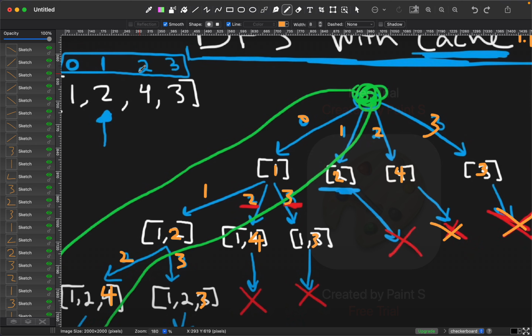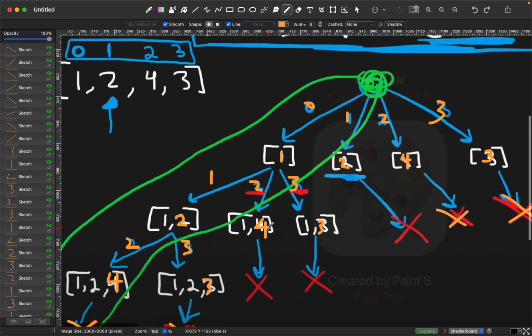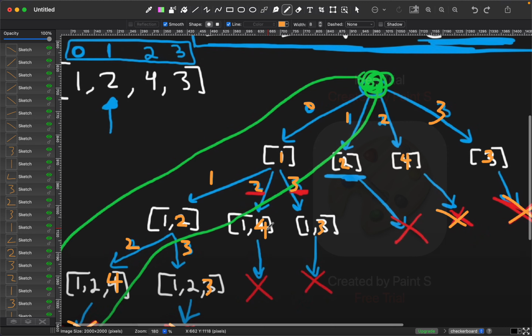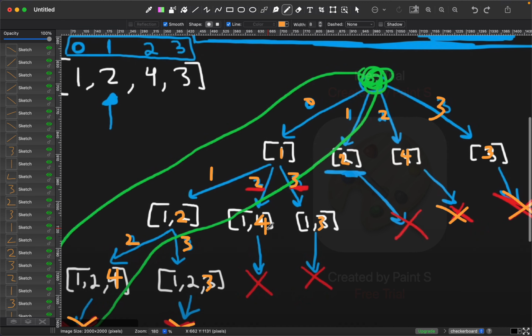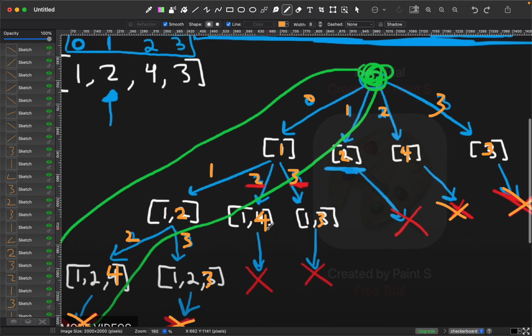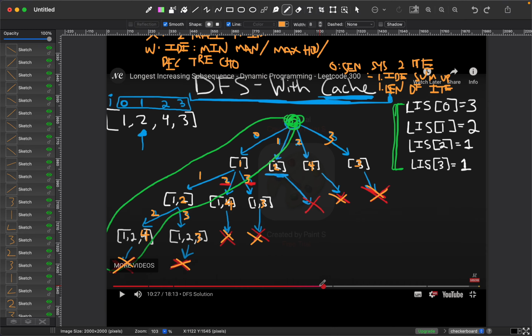This guy cannot go anywhere. This guy can't go anywhere. This guy still can. But this guy can't go anywhere. This guy also can't go anywhere. Okay. Man, what the hell?